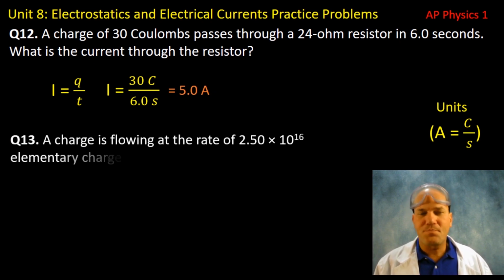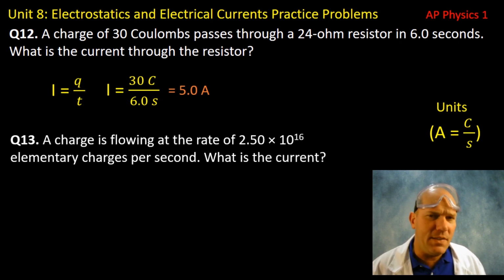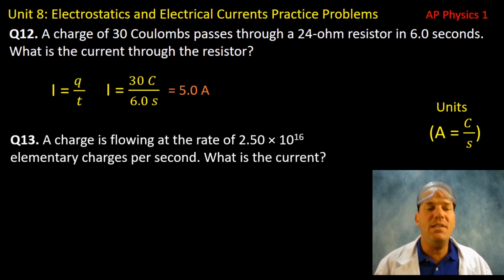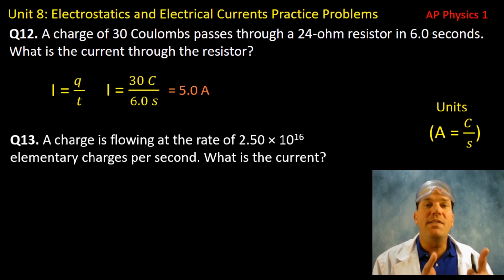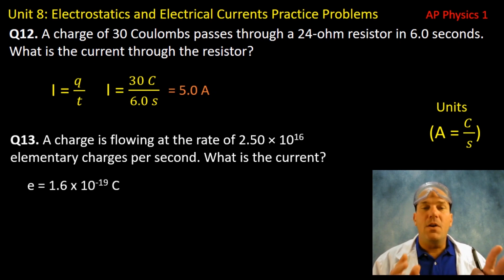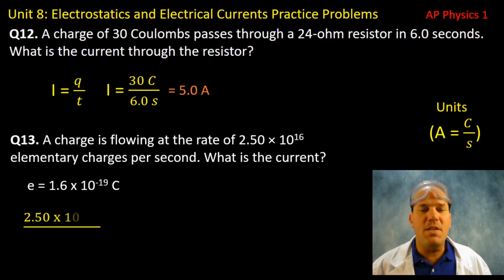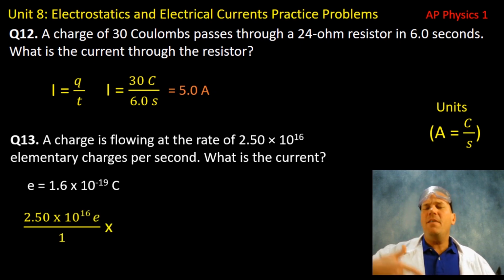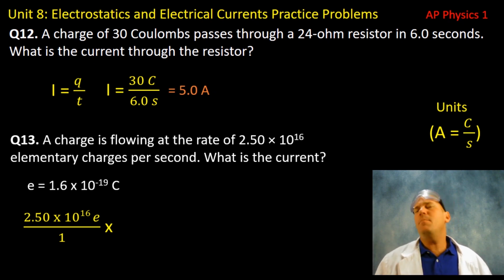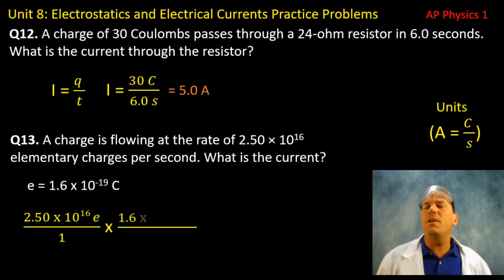Question 13, a charge is flowing at a rate of 2.50 times 10 to the 16th elementary charges per second. What is the current? All right, so recall the magnitude of charge for an elementary particle is 1.6 times 10 to the negative 19th coulombs. So with that information in mind, we have 2.5 times 10 to the 16th of these elementary charges, and that's our starting point.